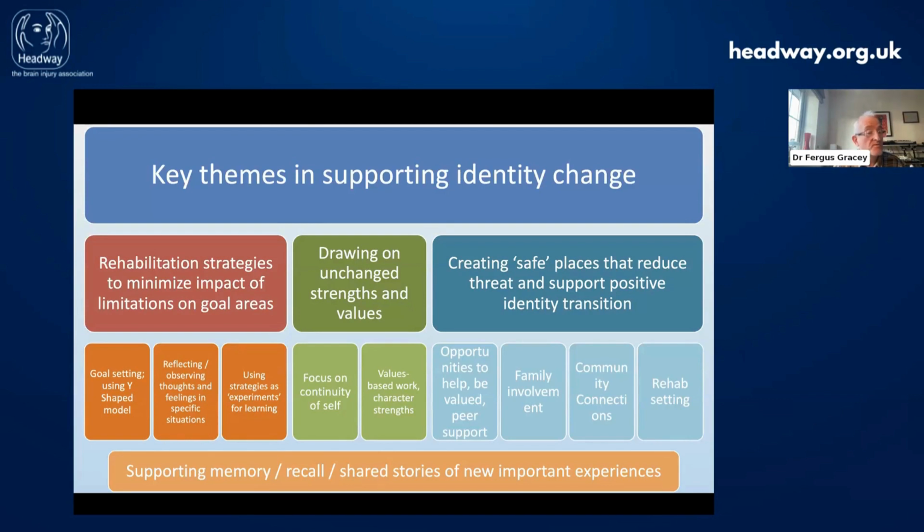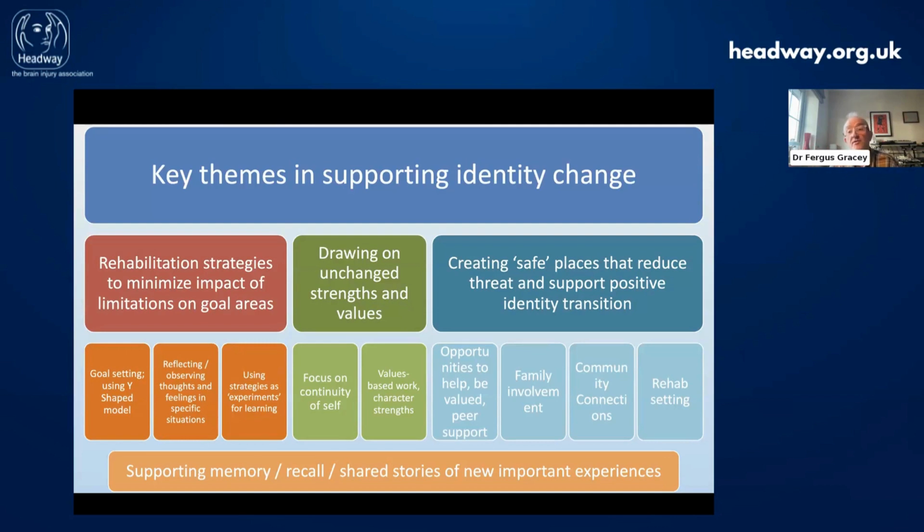So for some people, the standard approaches we have in neuro rehab can be threat activating. It's really important to balance that, not only with creating safe spaces, but also drawing on the things that are unchanged, like people's strengths and their values.